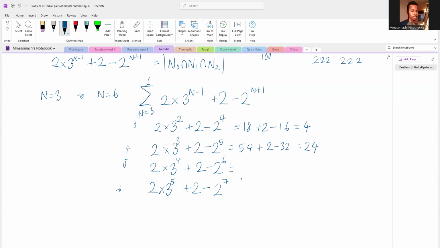For this we have 2 times 3 to the power of 4, so it's 81 times 2, 162, plus 2 minus 64. So 162 minus 64 is 98, plus 2, that's 100.